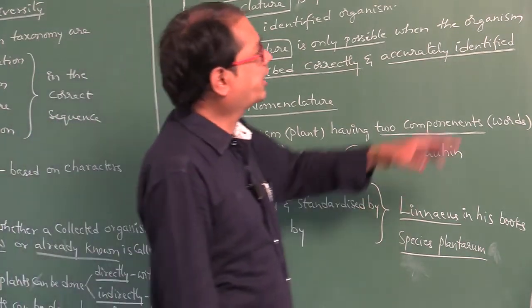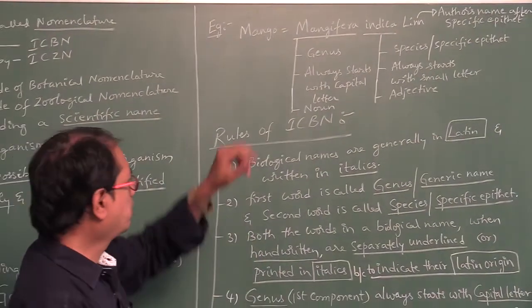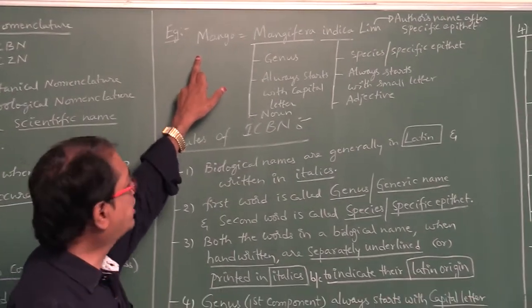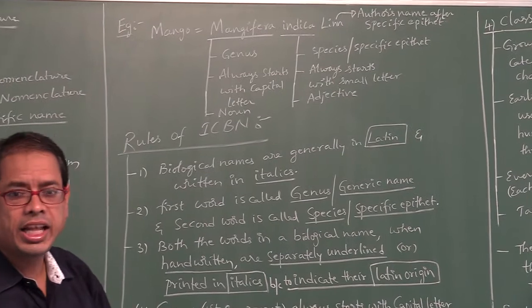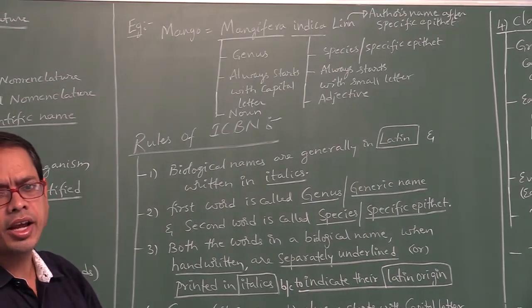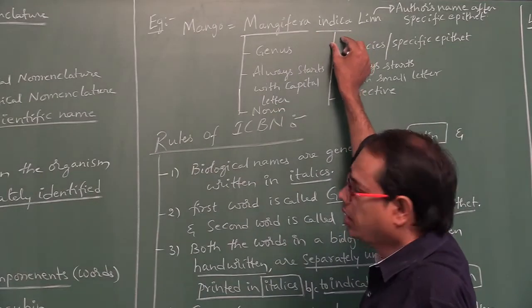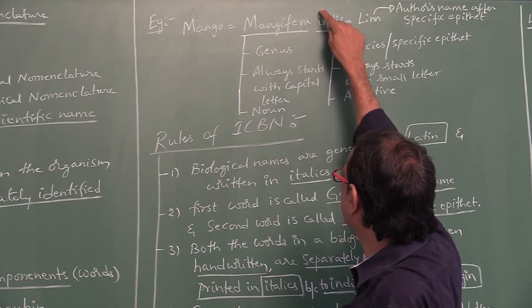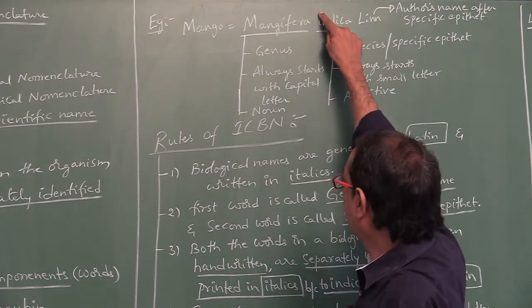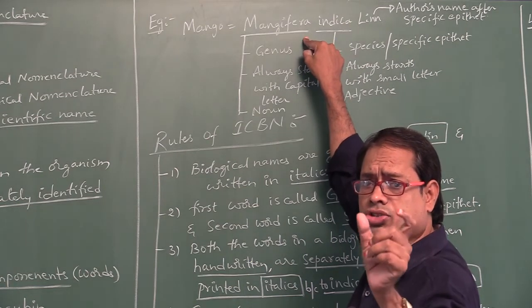Next, an example: mango, whose scientific name is Mangifera indica. Here this is one component, and this is another component. The first component starts with a capital letter, the second starts with a small letter. The first word is called the genus name, also called the generic name.